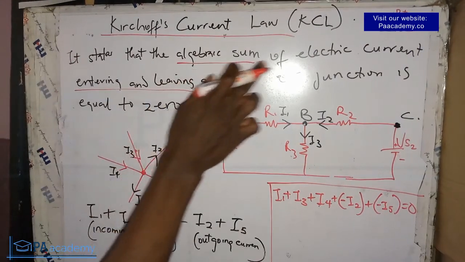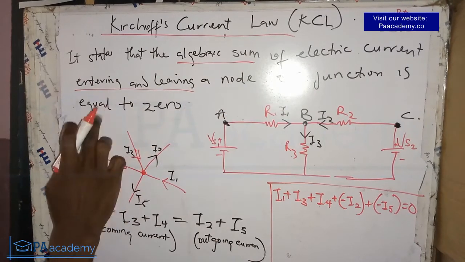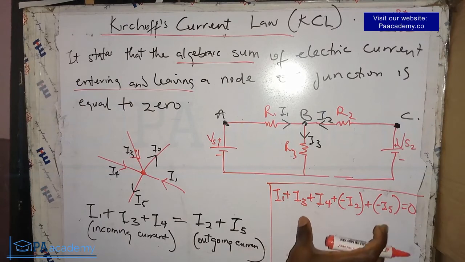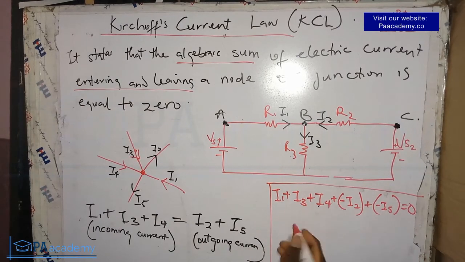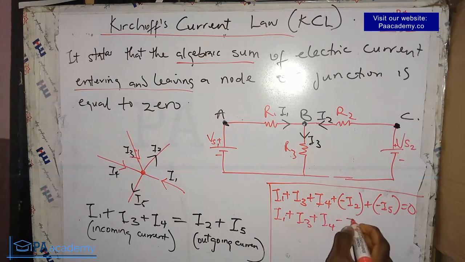It states that the algebraic sum of all electric current entering and leaving a node or a junction is equal to 0, and this is what I've just expressed here. So you can either express it like this or this way. If I simplify this, I have I1 plus I3 plus I4 minus I2 minus I5 equals 0.